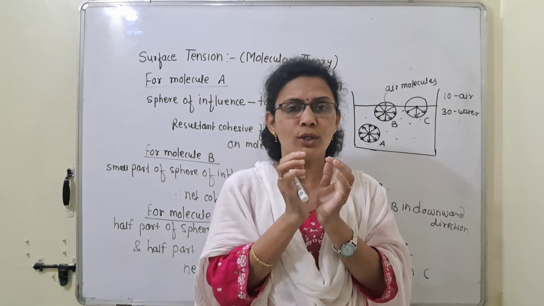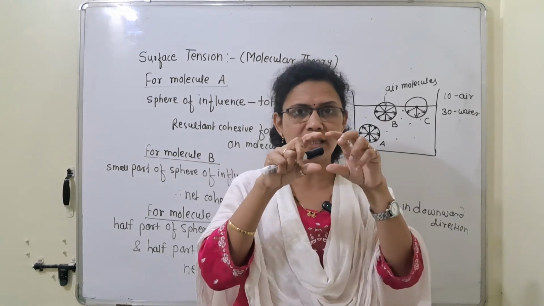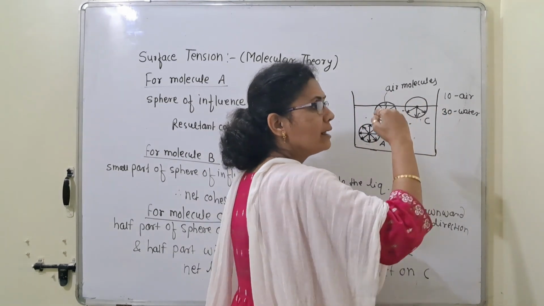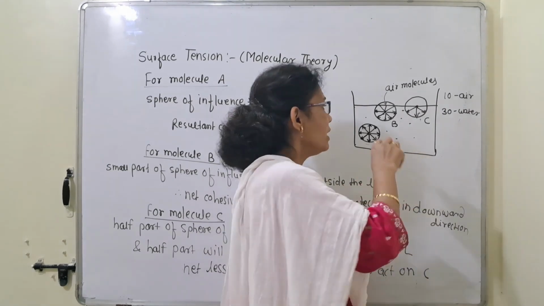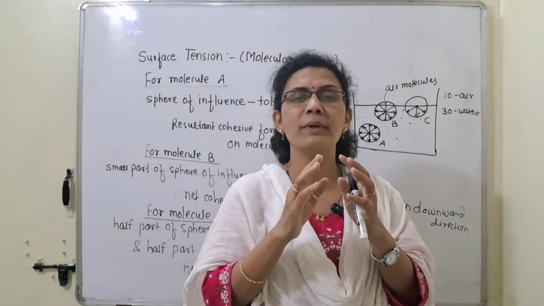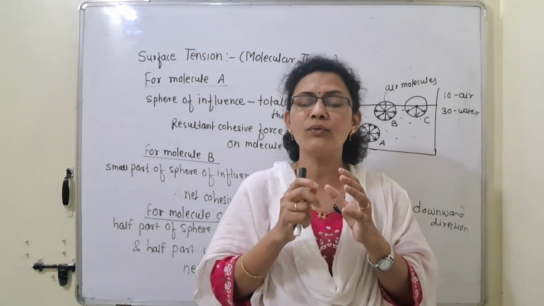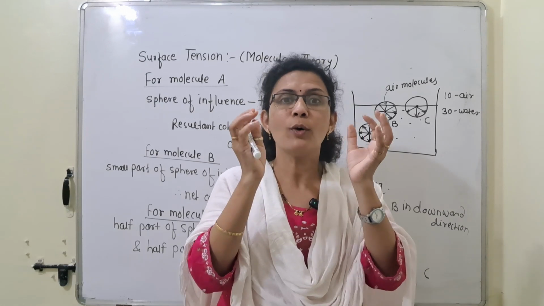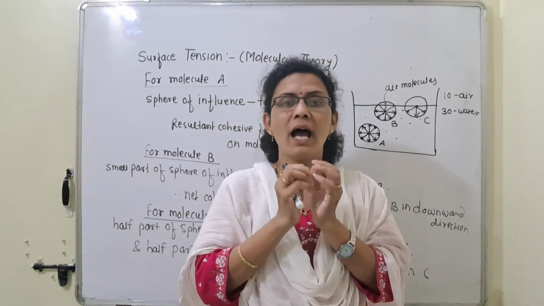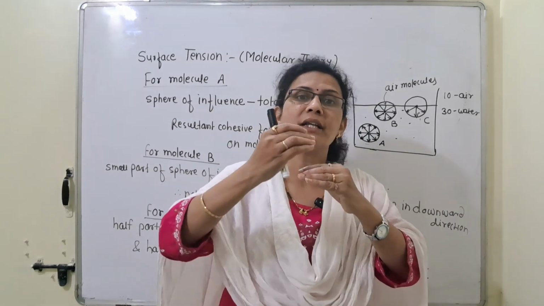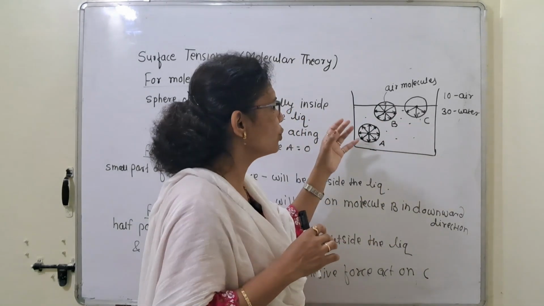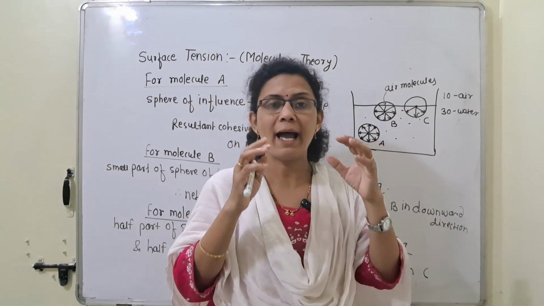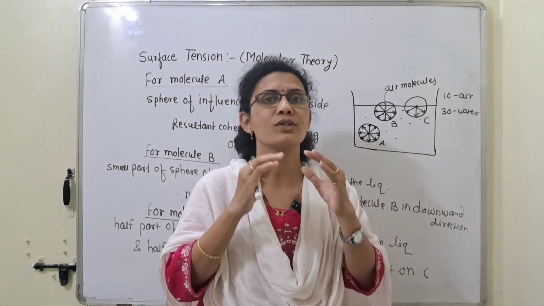Due to this, the number of molecules present in that surface film, in this region which is equal to the molecular range, will be less in number and that liquid will act as a stretched membrane. That is, it acts like somewhat pulling it downward, means it is acting like it is under tension. So due to this downward cohesive force, this liquid at the surface will act like it is under tension.